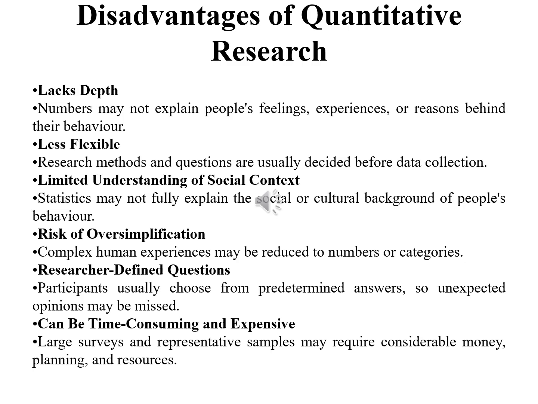Okay, the next disadvantage is that it is less flexible. In quantitative research, the question and the method are usually planned before the research begins. In simple words, it can be difficult to change the direction during the research. Because of that, it is considered less flexible.